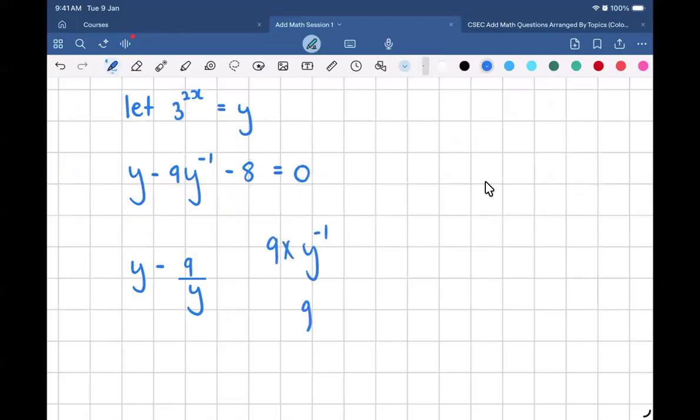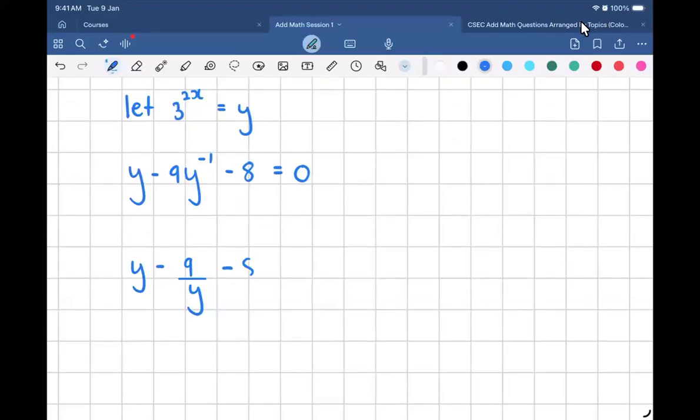What would y to the power -1 be? It would be 1 over y. And if we have 9 multiplied by 1 over y, wouldn't that be 9 over y? Yes. I understand now. Nice. So stay unmuted and let's continue.